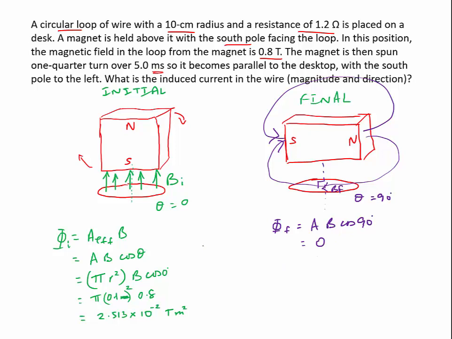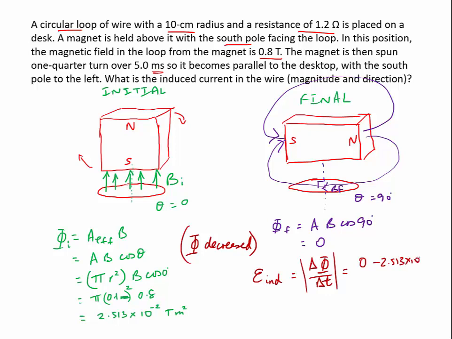So there are two things I want to note here. One is that the flux decreased. That'll be important when we want to use Lenz's law. And the second thing I want to do is figure out the induced EMF. So according to Faraday's law, the induced EMF was equal to delta phi over delta t, which in this case gives me 0 minus 2.513 times 10 to the negative 2 over 5 milliseconds.